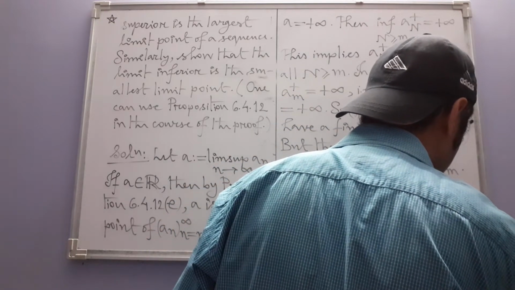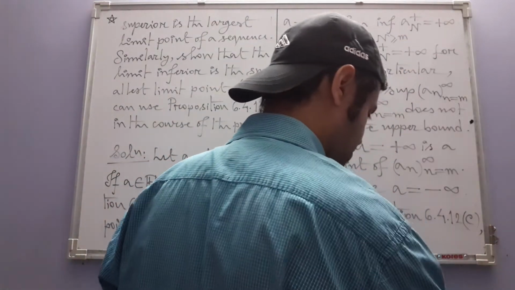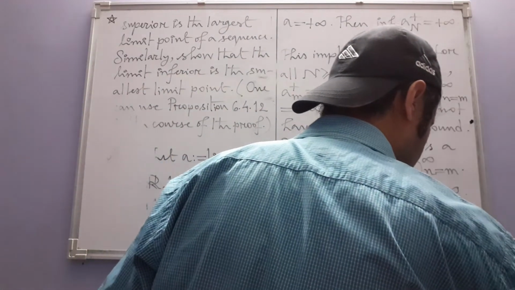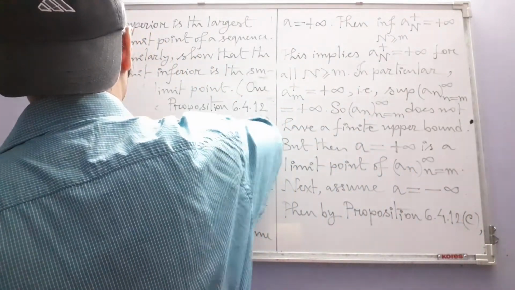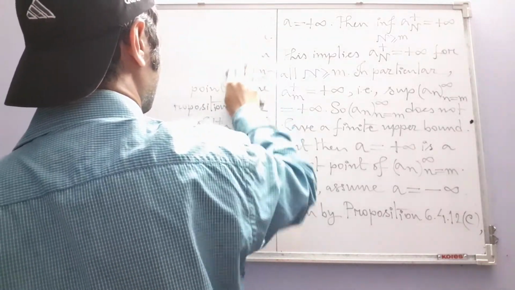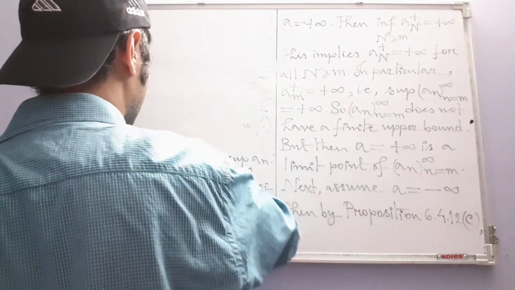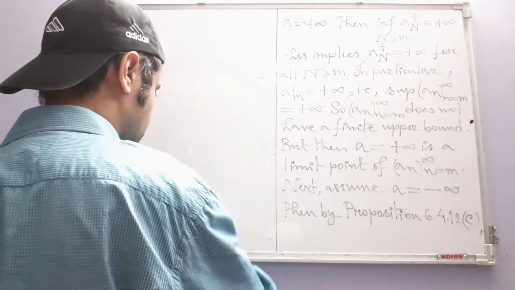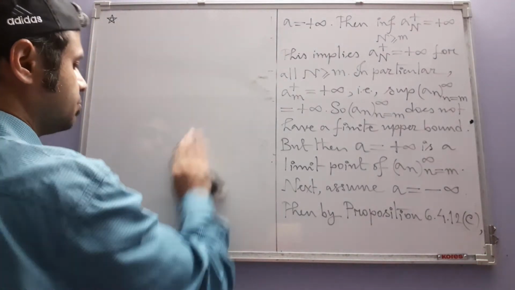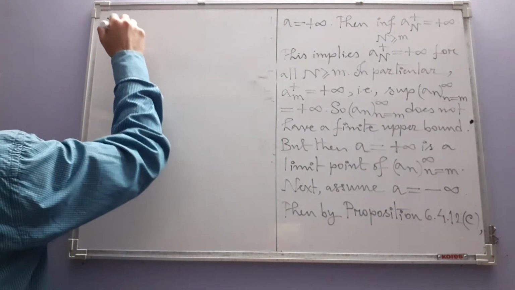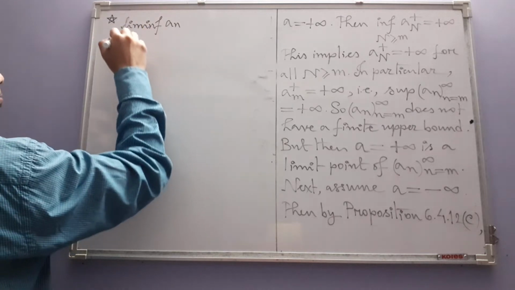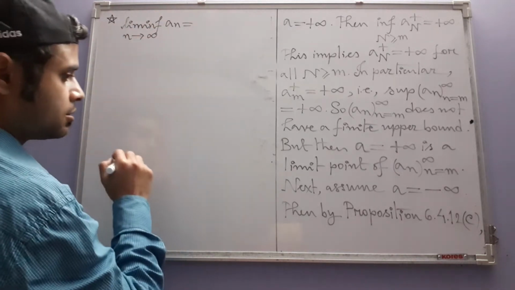C. The limit inferior of a_n is minus infinity.